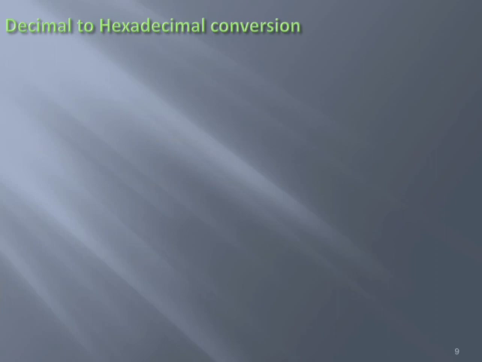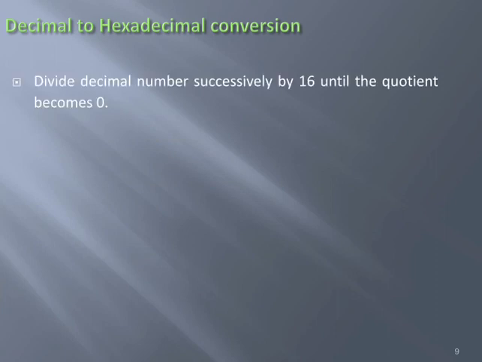Next type of conversion is decimal to hexadecimal conversion. How to convert a given decimal number into its equivalent hexadecimal number? Again, the same procedure that we have adopted earlier. In order to convert decimal to another number system, you need to divide that decimal number by its base or radix.